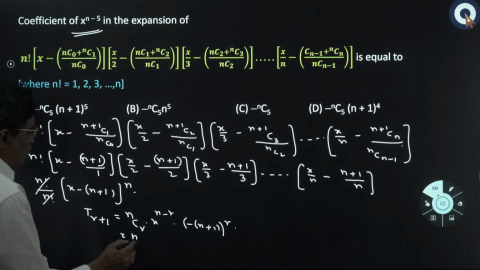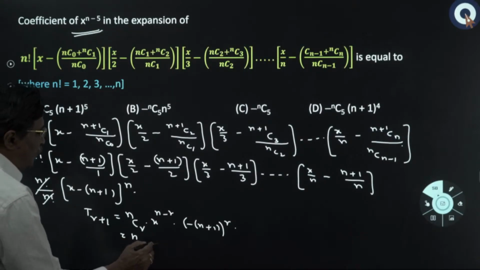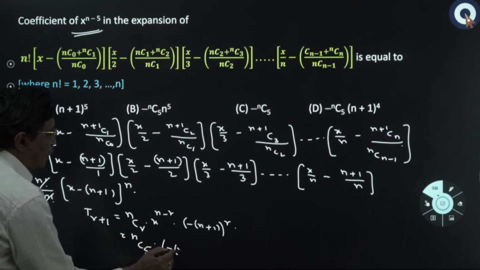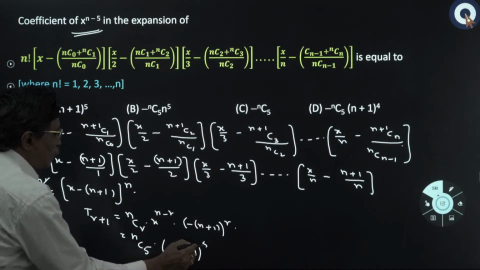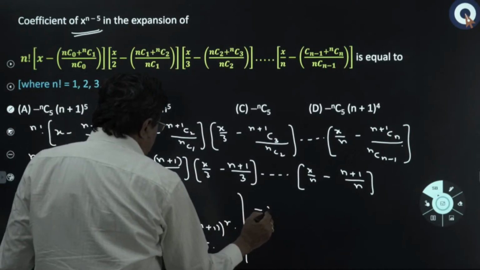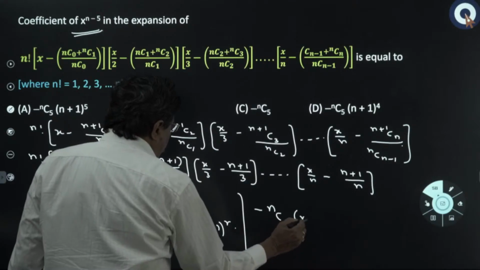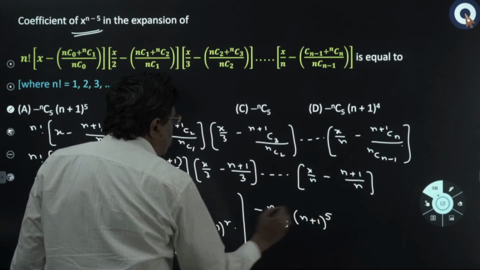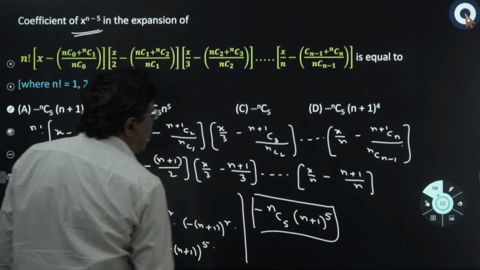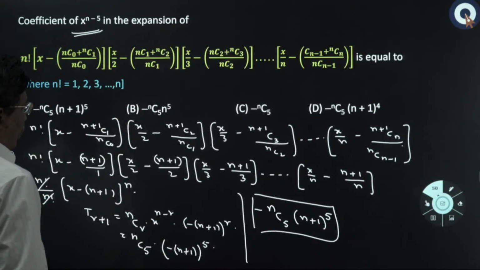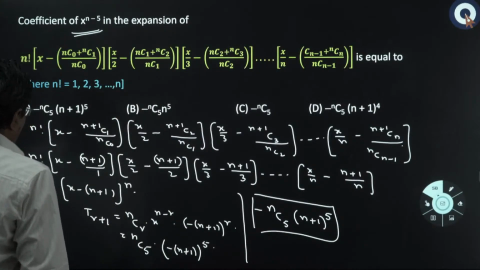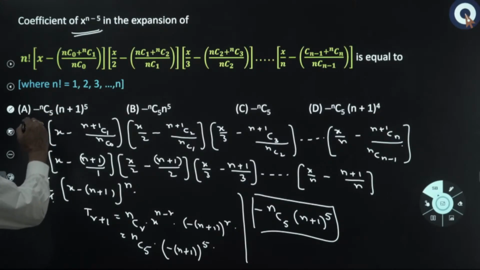If I put r is equal to 5, the required coefficient will be minus of (n+1) whole power 5. So that becomes minus nC5 into (n+1) whole power 5, which happens to be the option 1.